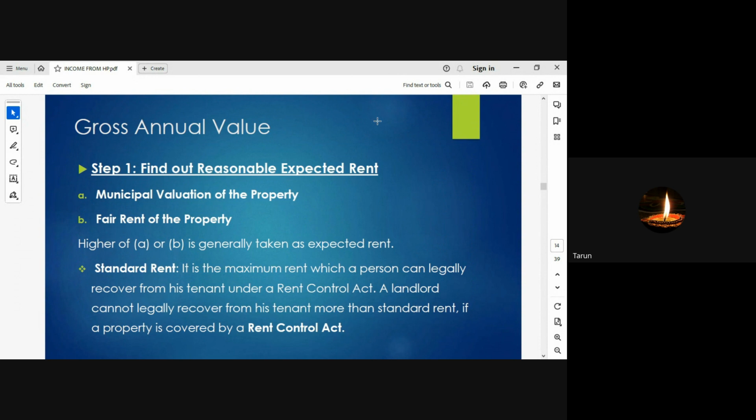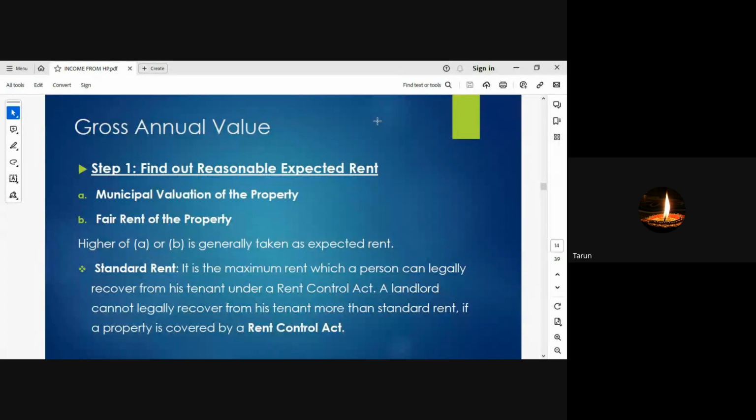For example, the expected rent is 50,000 and the standard rent limit is 1 lakh. Which value should be taken? The expected rent should not exceed 1 lakh, and this condition is not violated, so 50,000 will be considered.